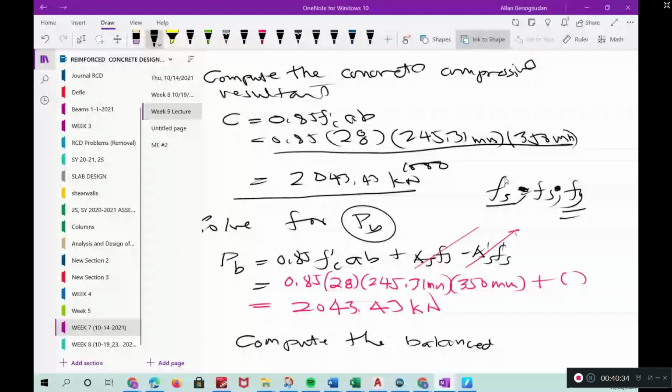So, kung nag-quiz tayo, kung marami ka pang panahon, siguro pwede kang mga description, or pwede mo lang sabihin, compute MB. Okay na sa akin yun, no? Compute the balance moment, MB.